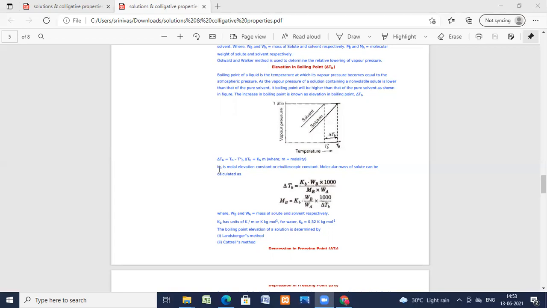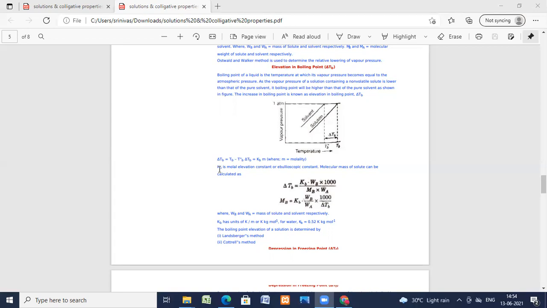I am repeating: the molar elevation constant is defined as the elevation in boiling point produced by dissolving 1 mole of any solute in 1 kg of solvent.